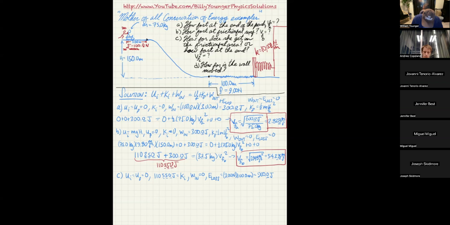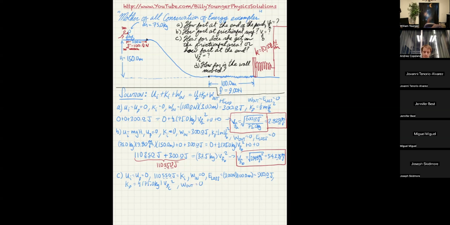But since it wasn't enough, K final is going to be 1/2 times 75.0 kilograms times V final C squared. The work out is going to be 0.